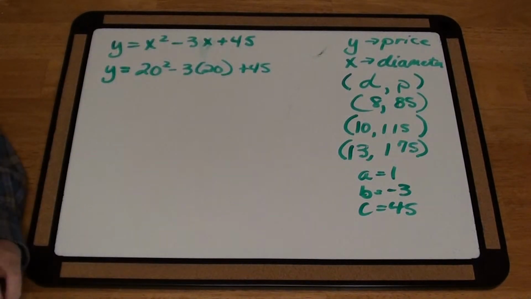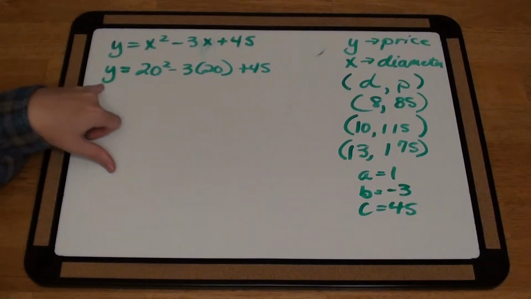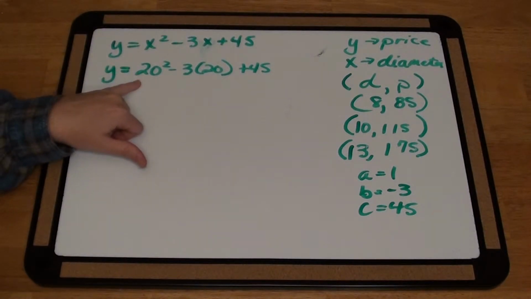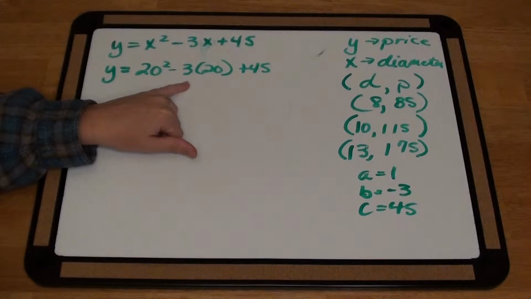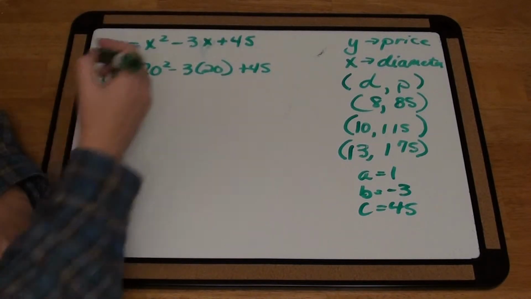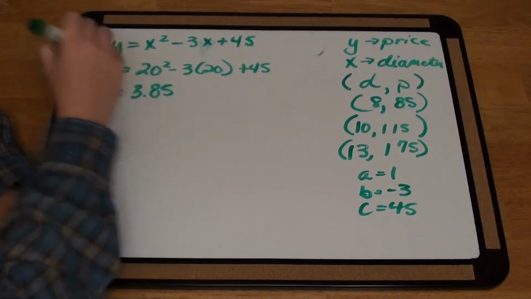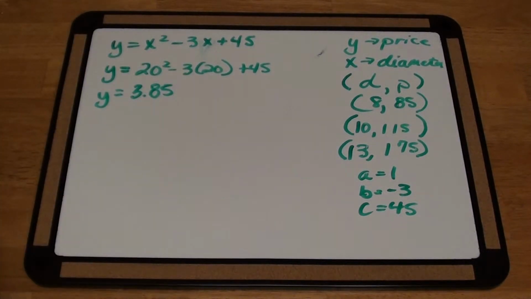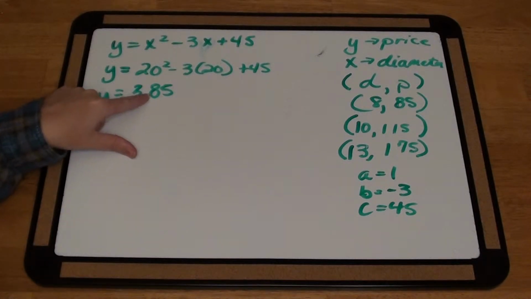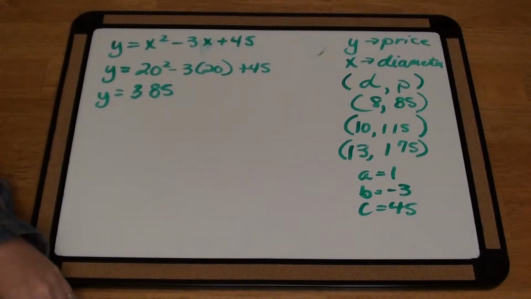That's how I figure out the price, since they've given me the diameter. So 400 minus 60, which is 340, plus 45 is 385 is the price. Let me check it. Yeah. So $3.85 would be the price. Of course, we're talking in cents here, so there you go.